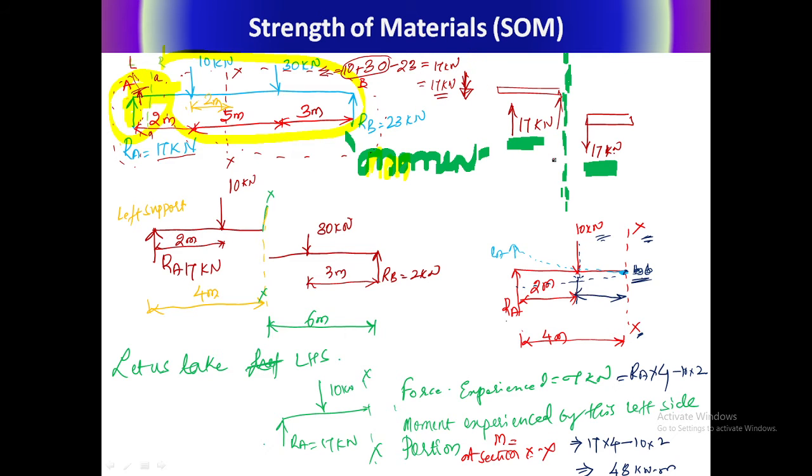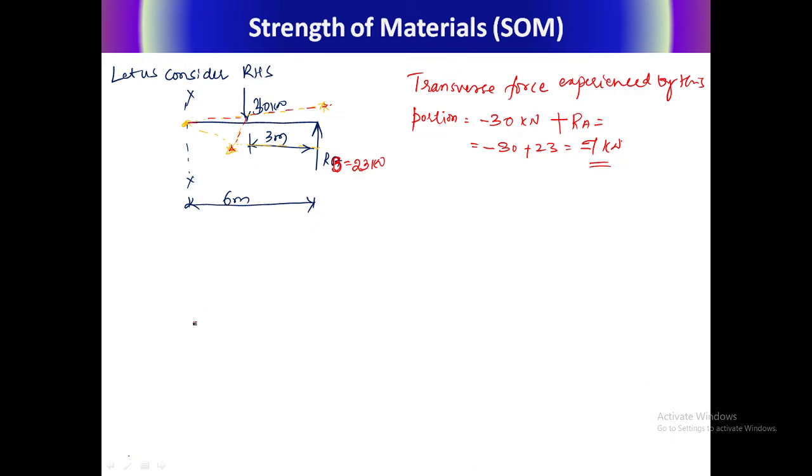Now let us calculate force here. Now RA tries to push in upward direction. 10 kilonewton tries to push in a downward direction. You got how much kilonewton? 7 kilonewton here also. Is it right? How much force you got here? You got a minus 7 kilonewton.